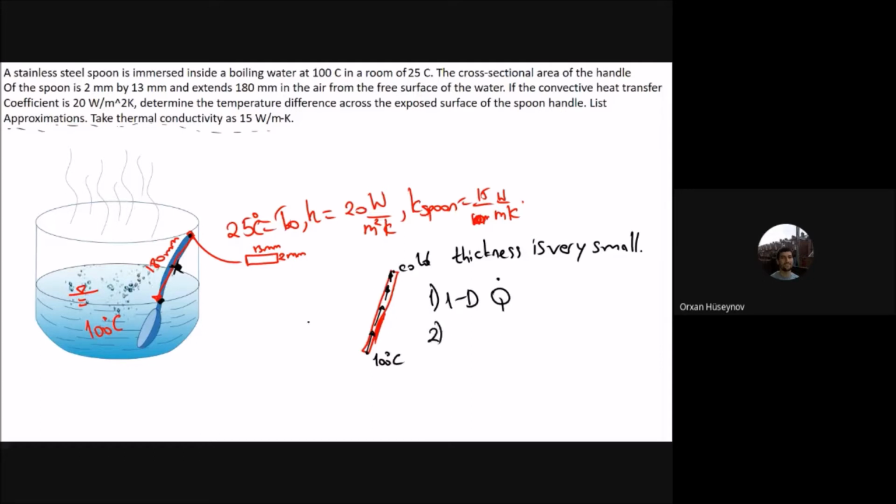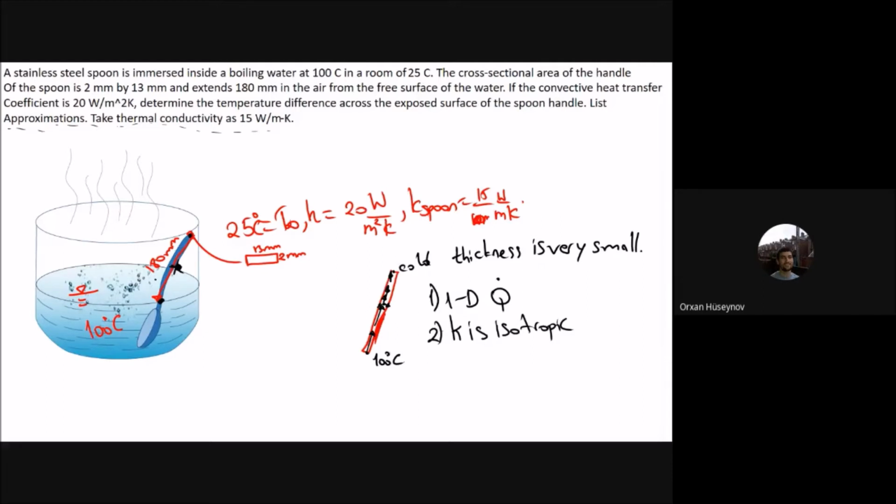The second approximation is that K, the conductivity of the material, is isotropic. Isotropic means that, for example, if this is your spoon and at this point you have some fixed K value, if you go another direction, you have the same K value. In other words, K is independent of the direction.